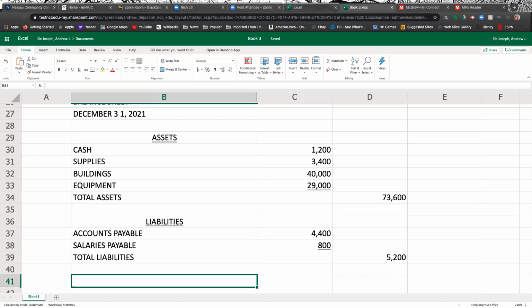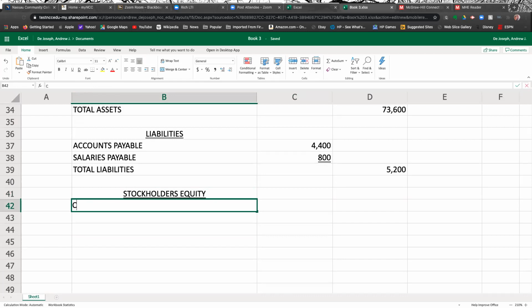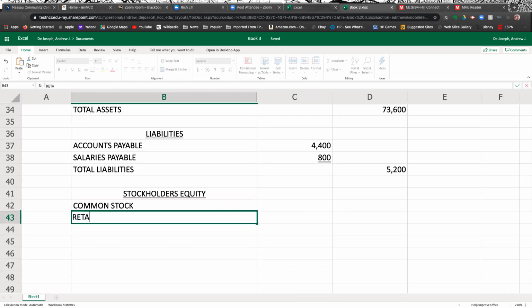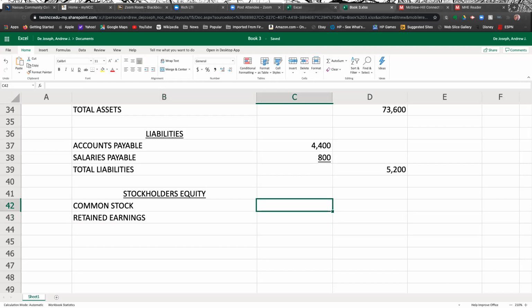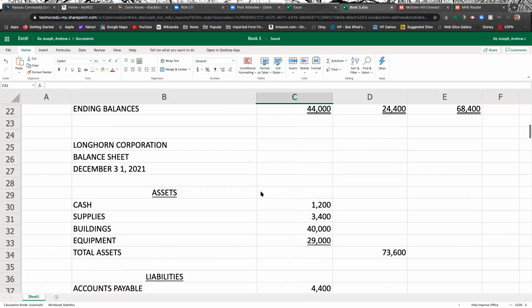Liabilities. Now we've got stockholders' equity. Stockholders' equity is real easy because we already know what it is. Common stock, and retained earnings. And those numbers came off this statement here. 44,000 plus 24,400.